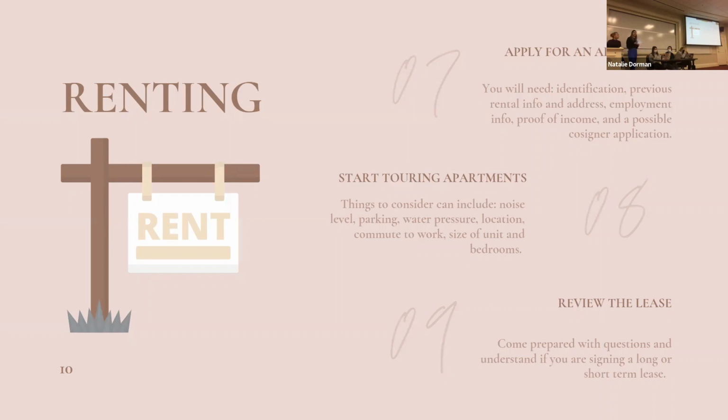So they have different layouts, different levels of flooring and how nice things are, like the stove and the appliances. And then you can look at that. For some of the apartments I was looking at, some of them didn't even have windows in the bedrooms, just in the living rooms. So those are things to keep in mind. Is that important to you, or do you not really care?